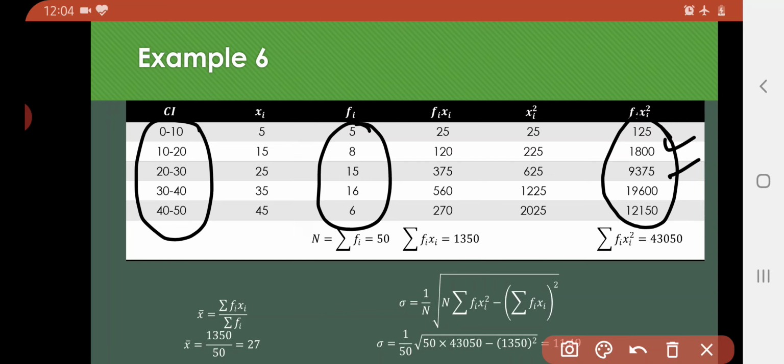And always remember, statistics questions are easy to solve, but they are very easy to make mistakes in as well, because so many numbers and digits are involved, so you are prone to make mistakes. Therefore, let us see how to solve the same problem using the step deviation method.